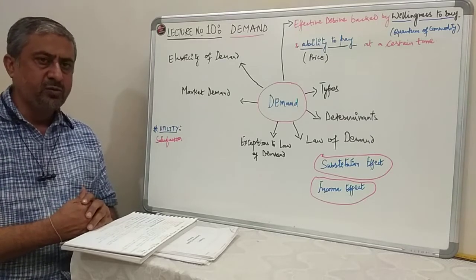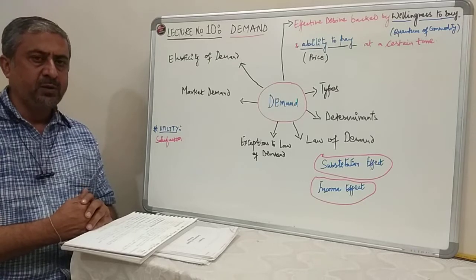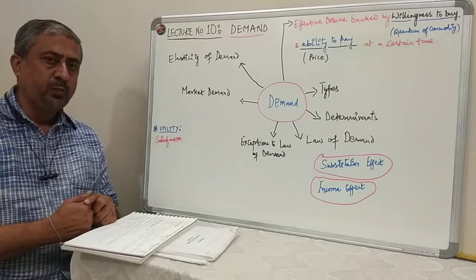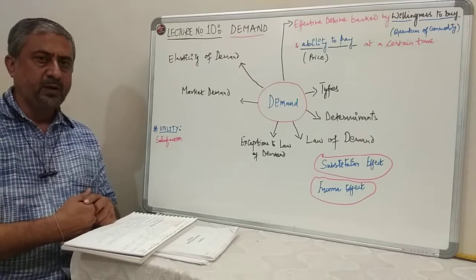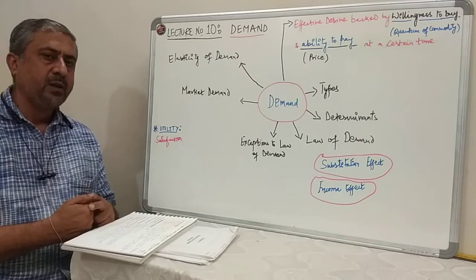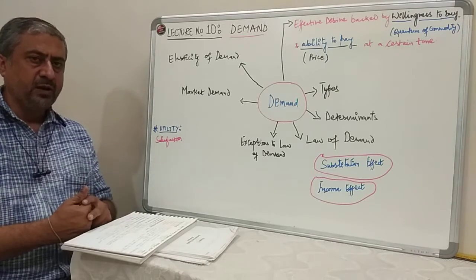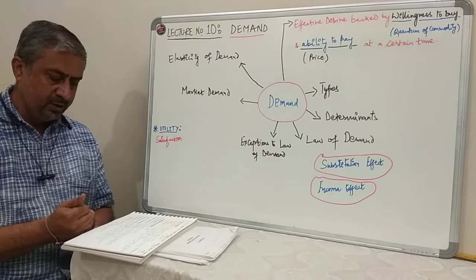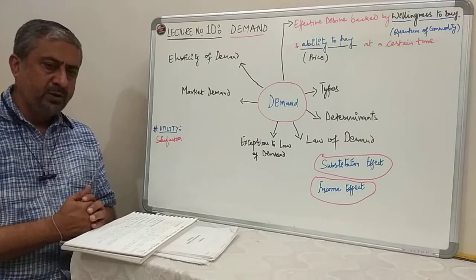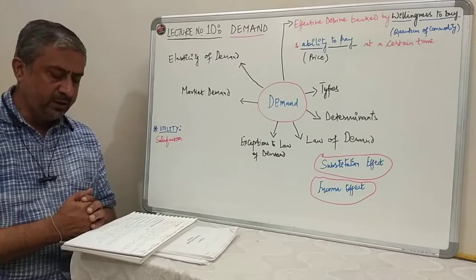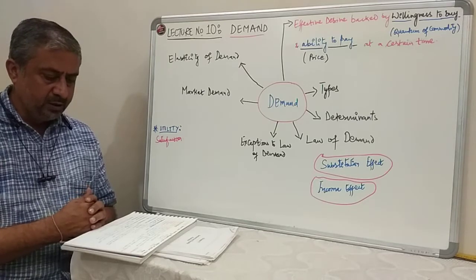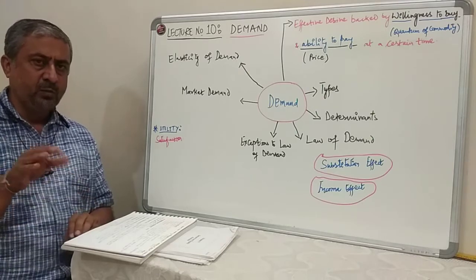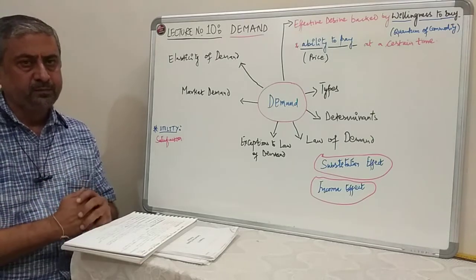So any substitute product is going to have a demand in case of its own competing product. They both are competitors. But since the price of Surf Excel has gone up, demand for Ghadi detergent goes up. Whereas on the contrary, for complementary products, it is exactly the opposite. If the price of a commodity goes up, demand for its complement also falls down.